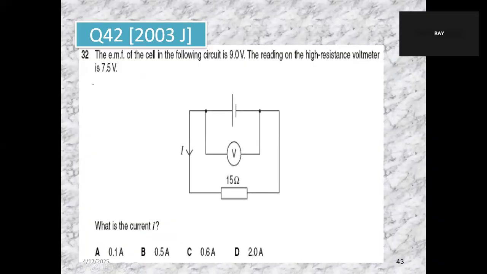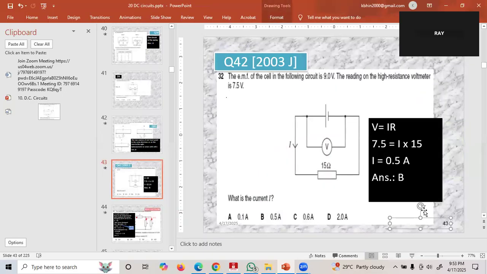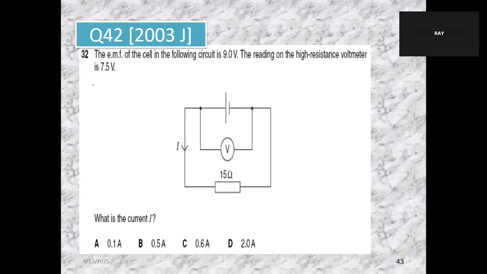This one, what's the answer? EMF is 9 volt. Reading on a high resistance voltmeter is 7.5. That means it's 7.5 across here. What's the current?